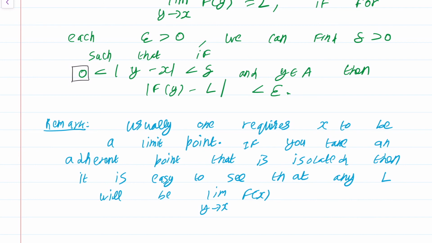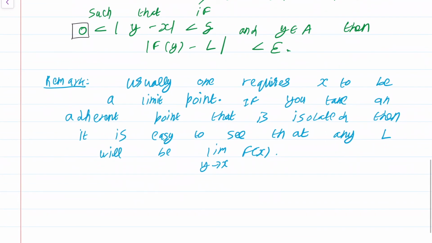This extreme weirdness can happen when you take an isolated point. Well, just think about what is happening.